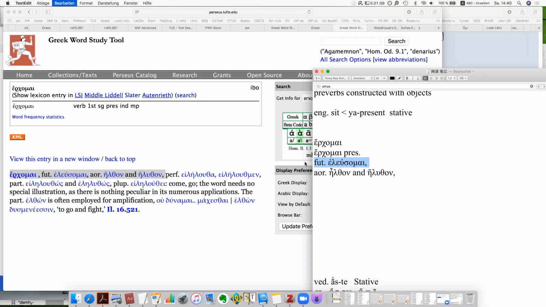The future is probably not really so related, so first we analyze the aorist. The aorist is called elson or eluson. So which one is older, or which one is historically correct? One, elson, or two, eluson?